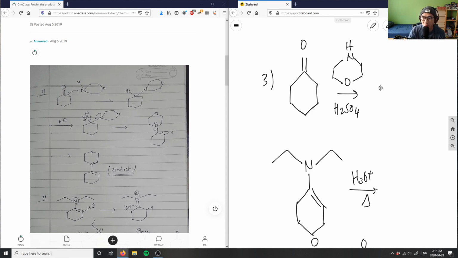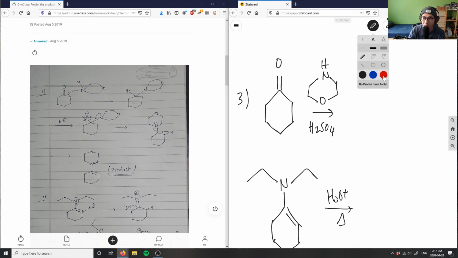So let me just write this out and verify it. So they're saying the lone pair from nitrogen is going to attack, and this is partial negative and this here is partial positive. It's going to attack this here and kick out this oxygen. So when I do that, I would get something like this.